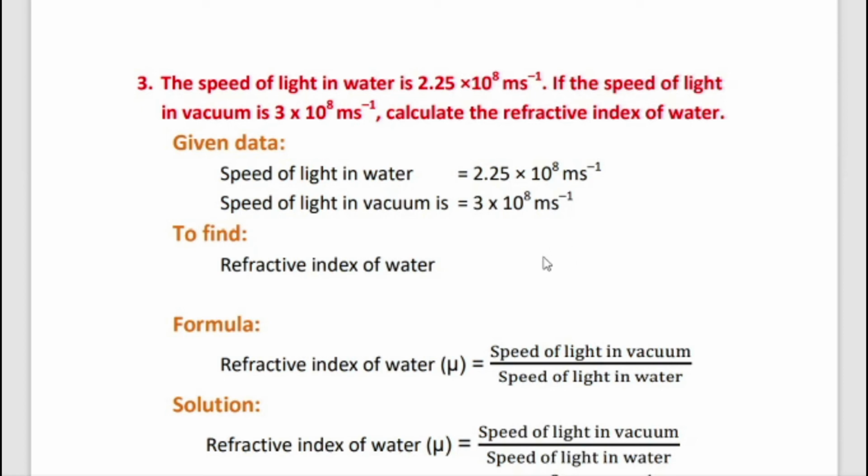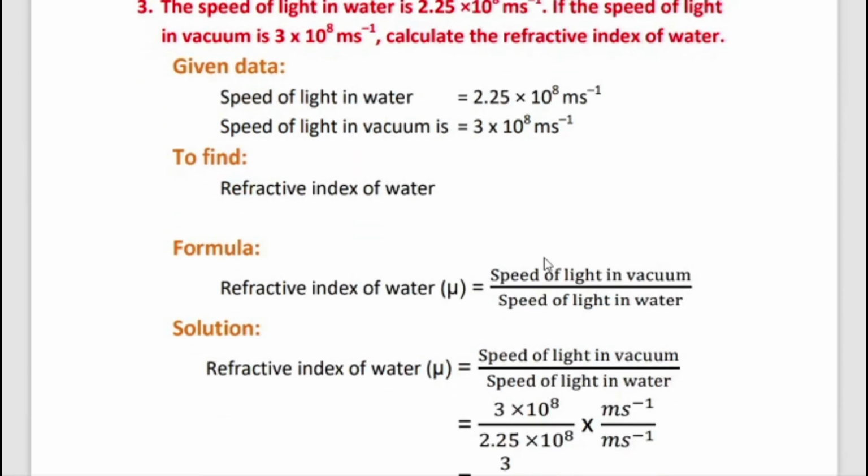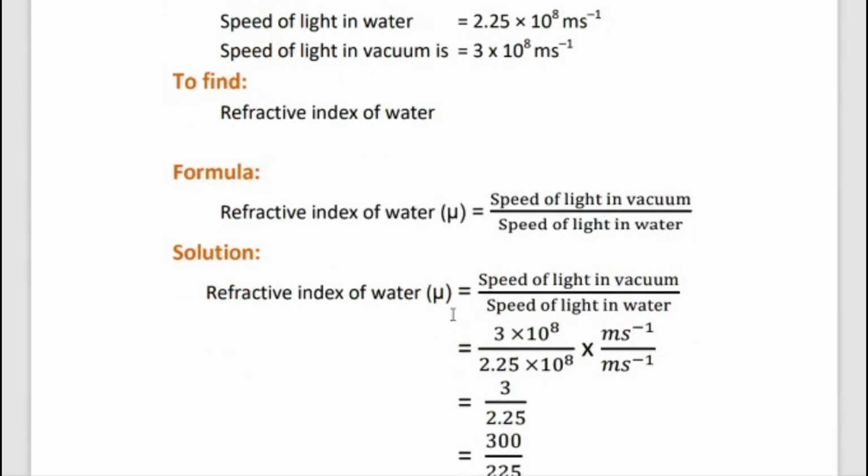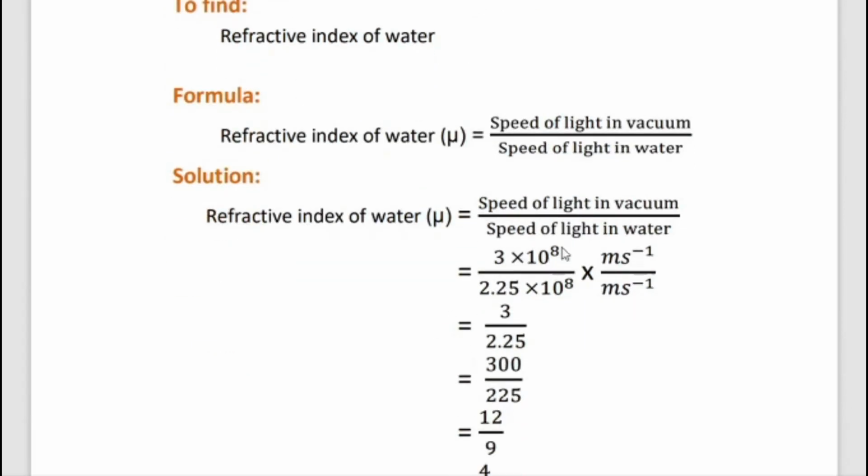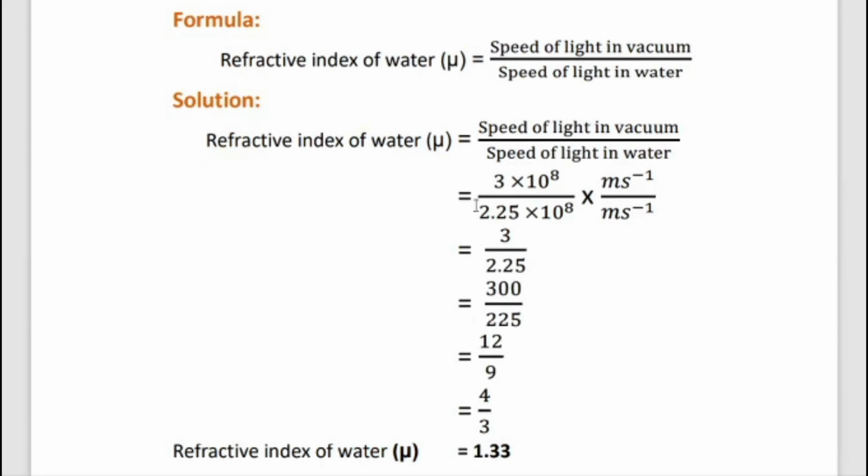Here we take two media: vacuum is the first medium, then water is the second medium. So refractive index of water mu is equal to speed of light in vacuum divided by speed of light in water. Solution: mu is equal to speed of light in vacuum divided by speed of light in water.